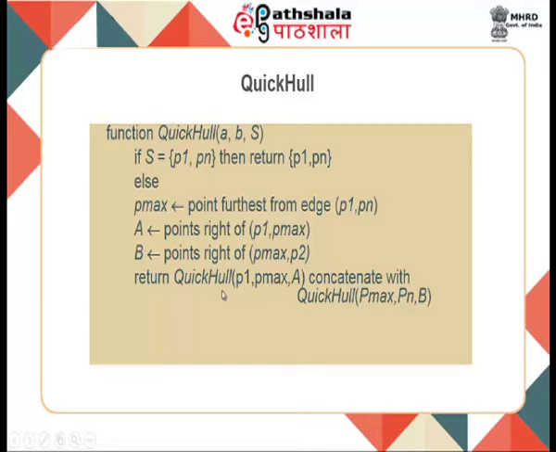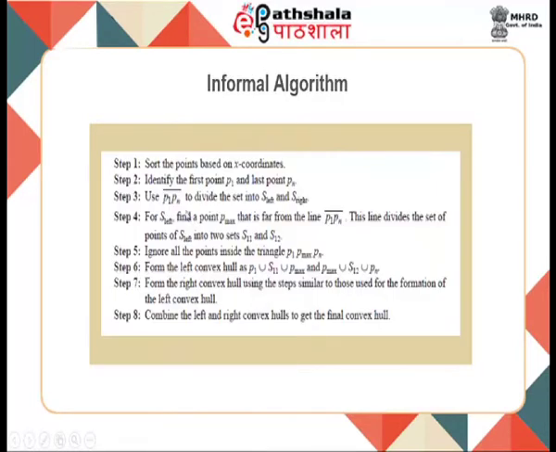The result is going to be quick hull of P1, P max and A, concatenated with quick hull of P max, Pn and B. This is the elaboration of the informal algorithm. The points are first sorted based on the x coordinates. The first point is P1 and the last is Pn, so that these two form the points for which the distance is going to be the maximum.